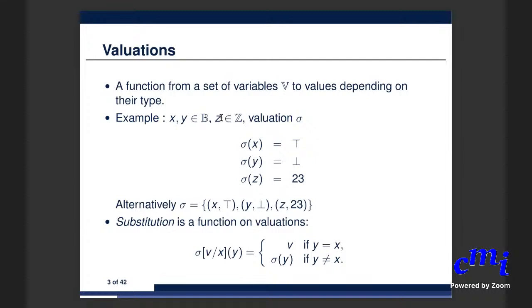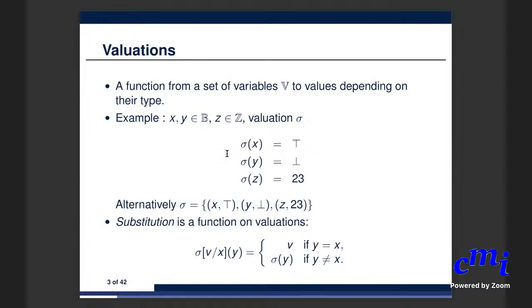Since formulas in a logic are constructed out of variables, the truth value of formulas in a logic in general depends on what values are assigned to the various variables. So just like you saw, we used the environment object for program semantics.